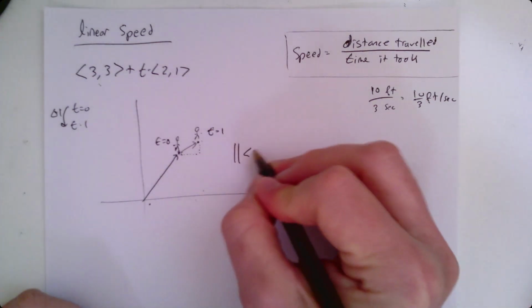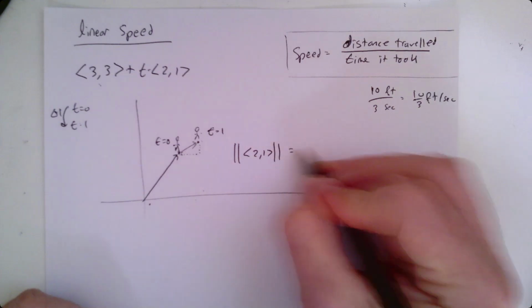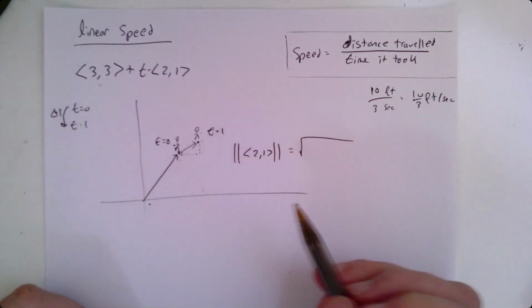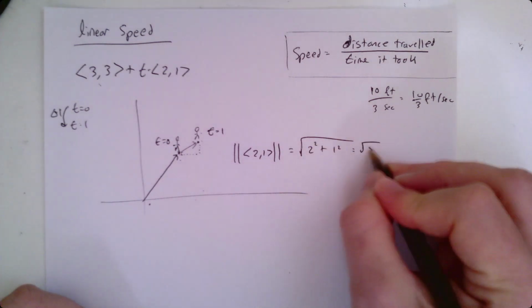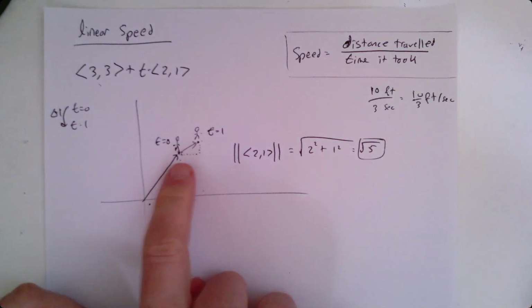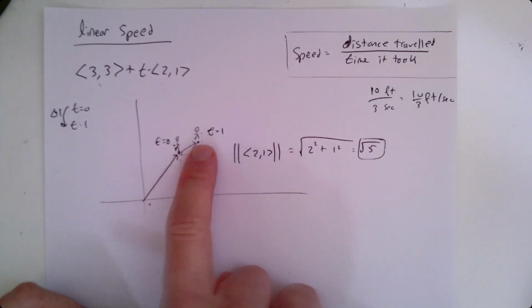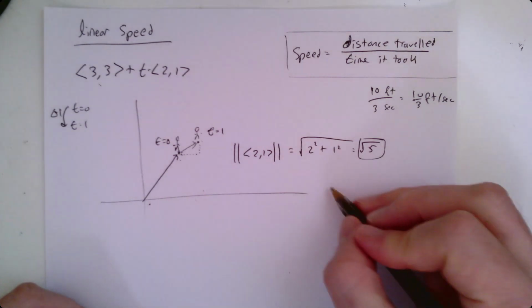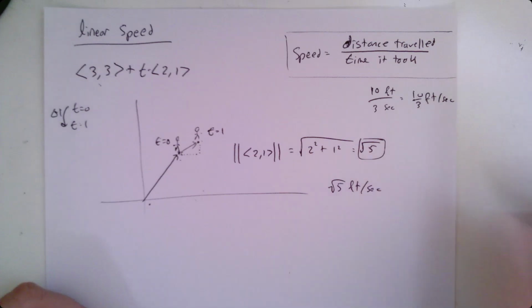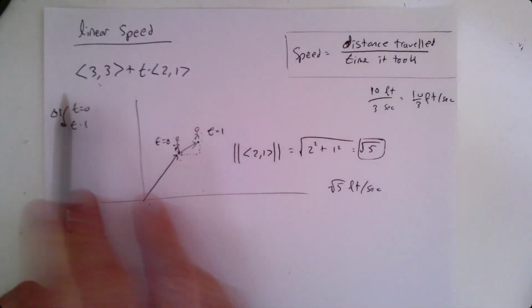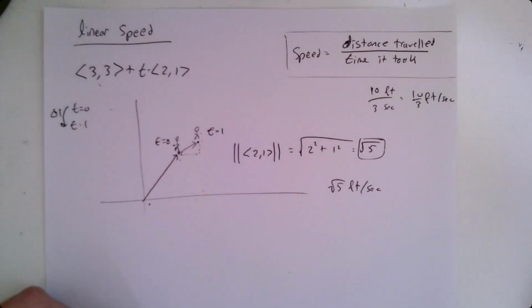So if I think about how I could calculate that magnitude, it's the Pythagorean theorem. So that's going to be 2 squared plus 1 squared, which is root 5. So every single second, I'm walking along that diagonal vector whose length is root 5. And so my total speed must be root 5 feet per second. And I'm assuming here that our units are in feet and seconds. They could be other units.